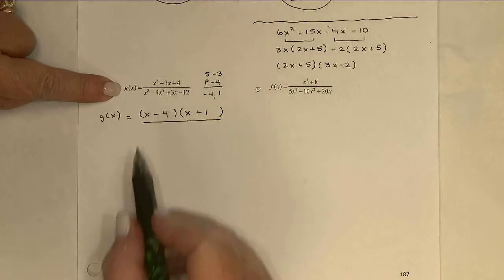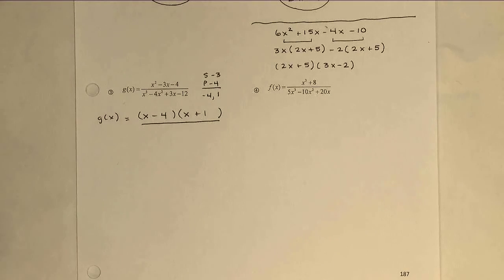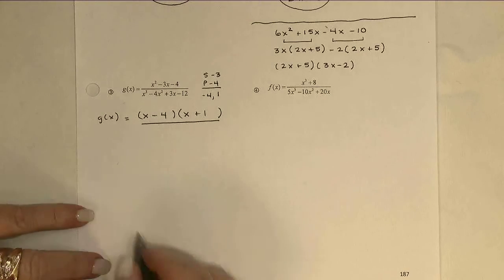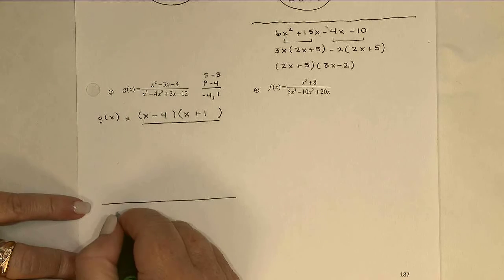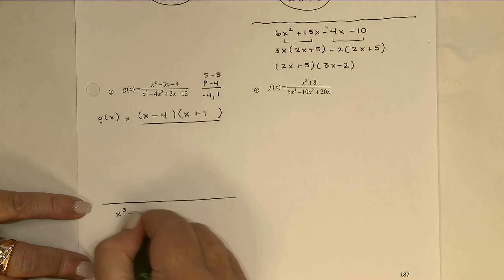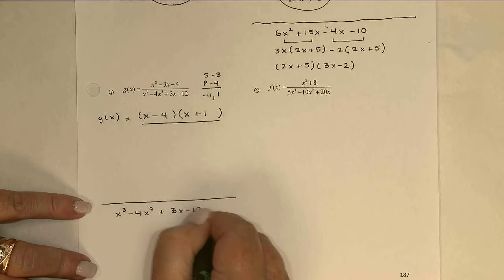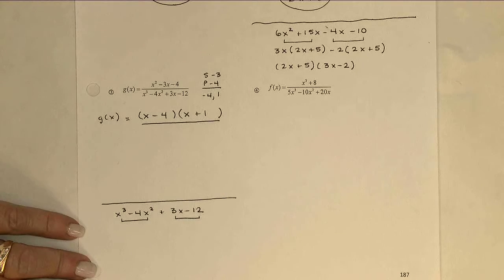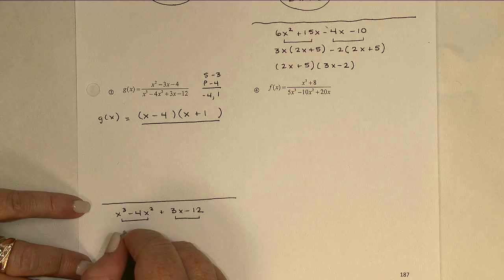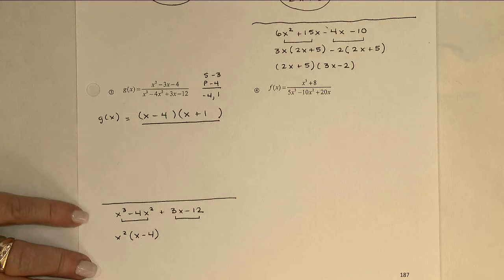The denominator, because it has 4 terms, is going to take just a little bit more work. 4 terms, I know I'm going to use the grouping method. But again, let me just sort of do that down here out of the way. I'll factor out an x squared, and that makes x minus 4 in the first group.